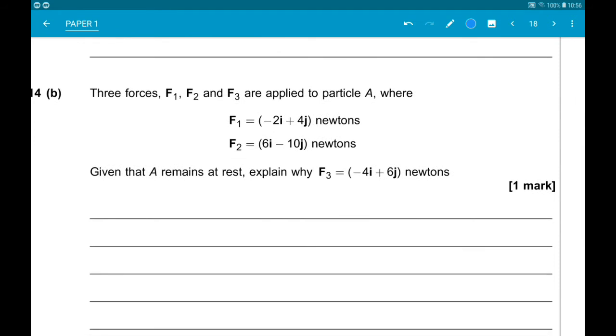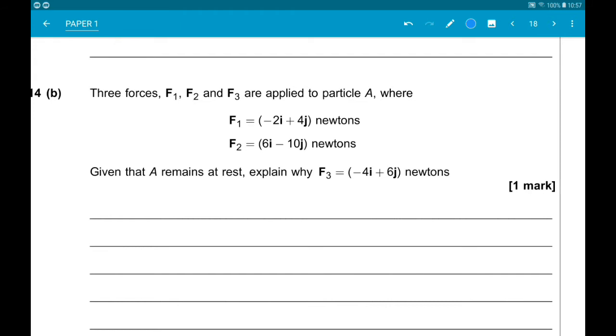Okay, then for part B, we are told three forces F1, F2 and F3 are applied to particle A, where F1 is minus 2i add 4j newtons, F2 is 6i minus 10j newtons.